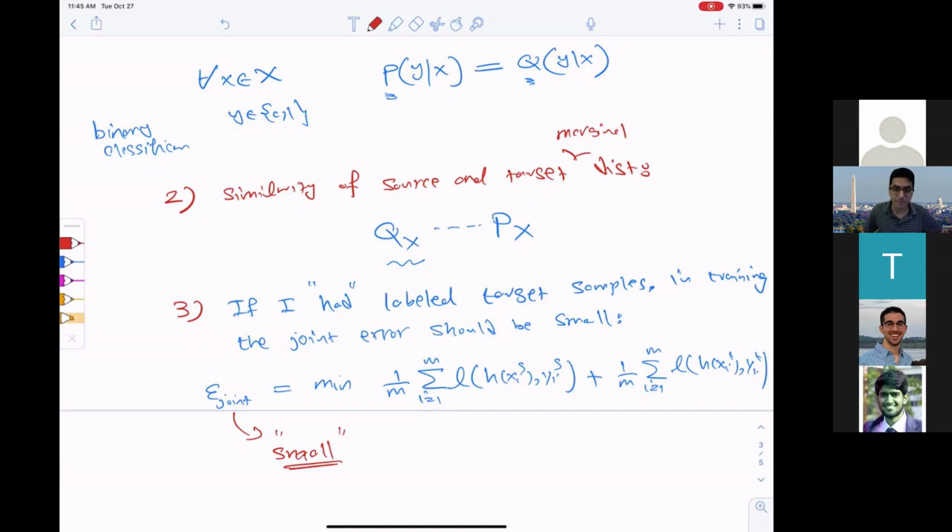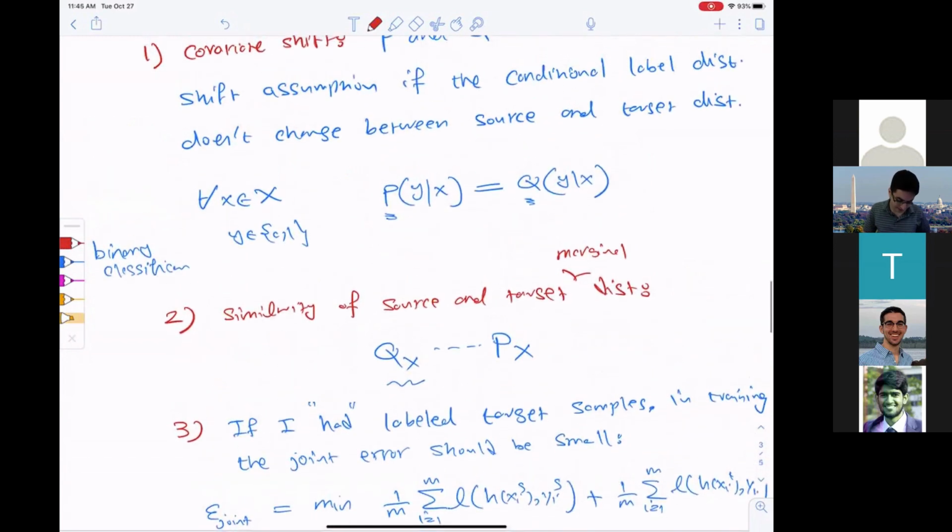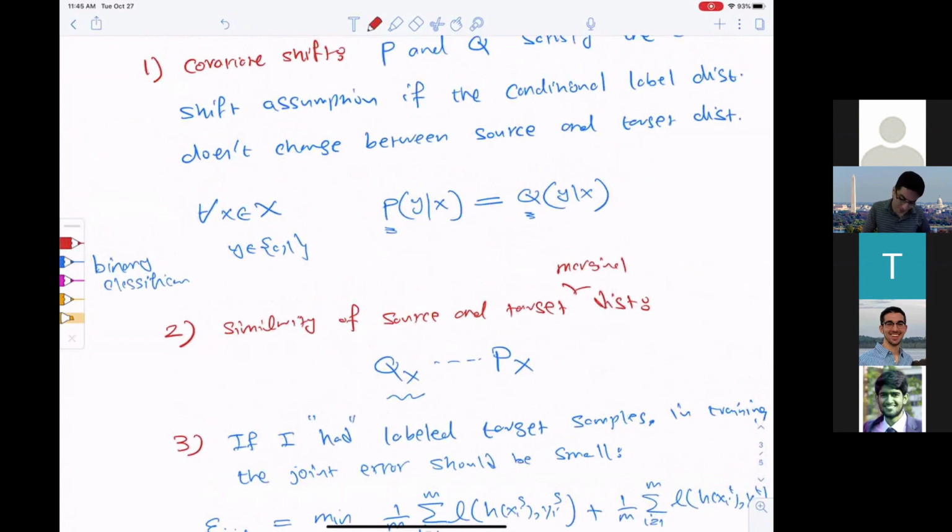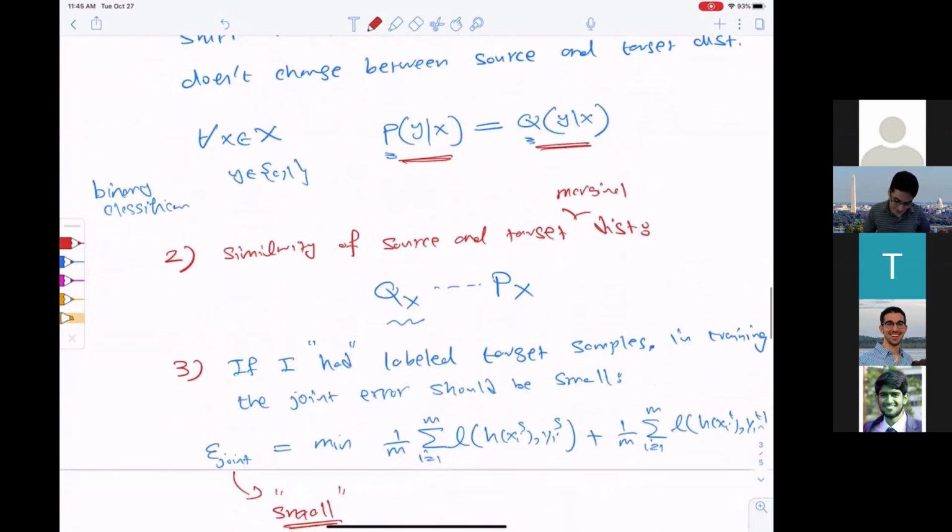So there are some questions. Gautam is asking, based on 1 and 2, wouldn't the joint distributions be the same? Good question. Assumption 1 says that the conditional distributions should be the same. But here I'm being hand wavy. I'm not saying they are not equal.